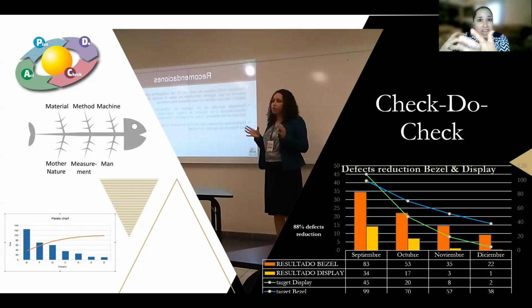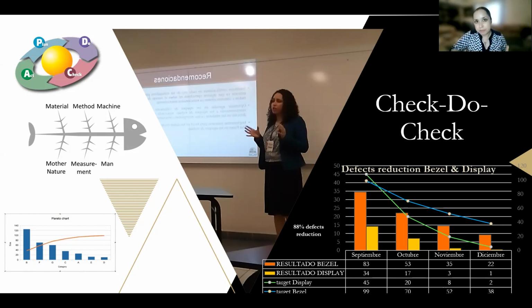So how did we apply that? How did we start checking? How did we start observing? And how did we find the root of the problem? So that's when the Ishikawa diagram came in handy. We checked for materials, the method, the machine, if we had something with the environment, the measurements, and man. And it worked.